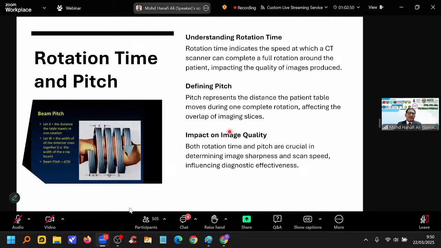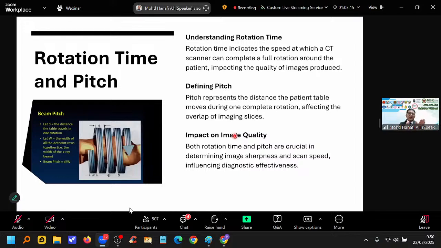In that sense, we can say that if the table travel is bigger than the collimation, then this pitch is more than 1. If the table travel is smaller than the collimation, then we call it pitch less than 1. That will impact the radiation dose to the patient and the image quality. Before I forget, okay?